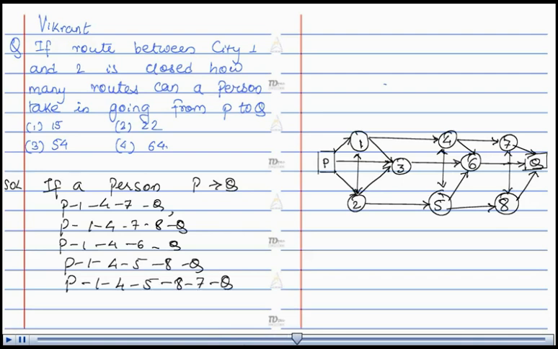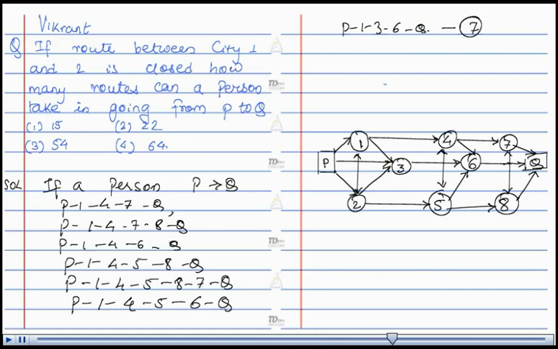The next is P1, 4, 5, 6, Q. The next is P1, 3, 6, Q. So, in all, there will be 7 routes that are possible for a person.